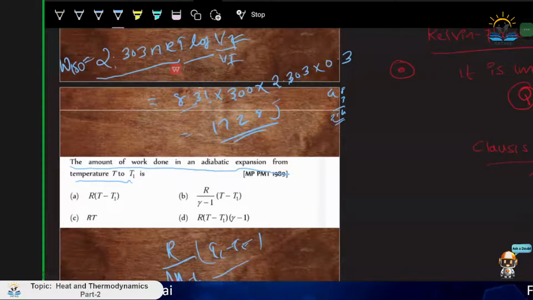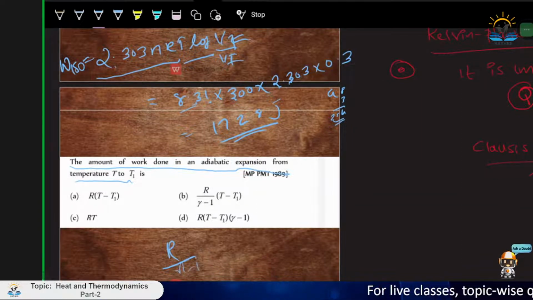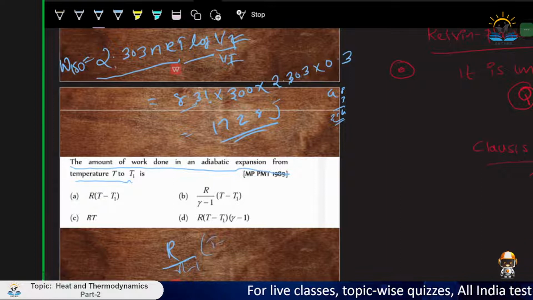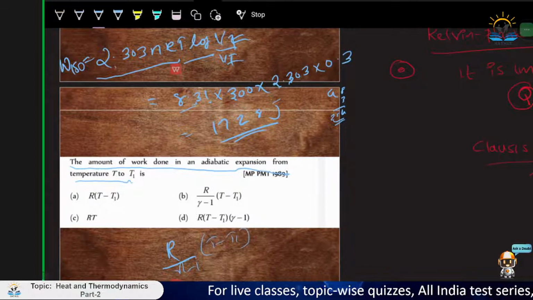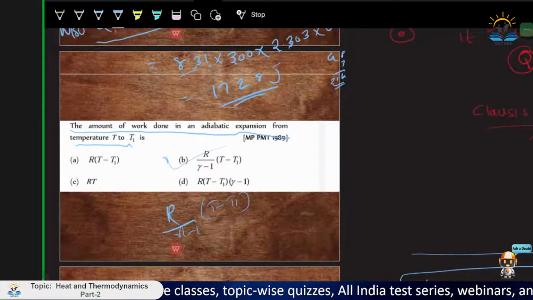So the answer is R times T minus T1 divided by gamma minus 1. What is T initial? T. And T final is T1. So the answer is option B. Okay, fine, option B.